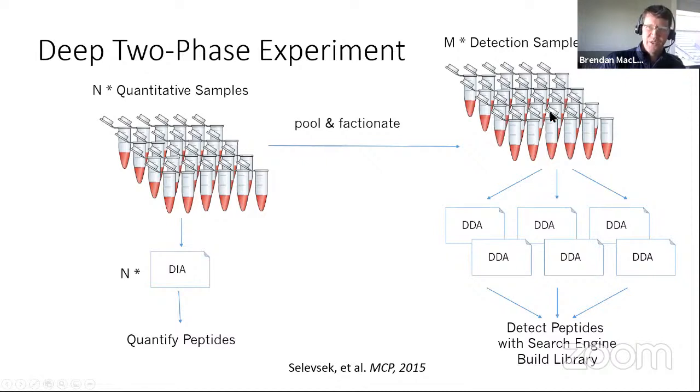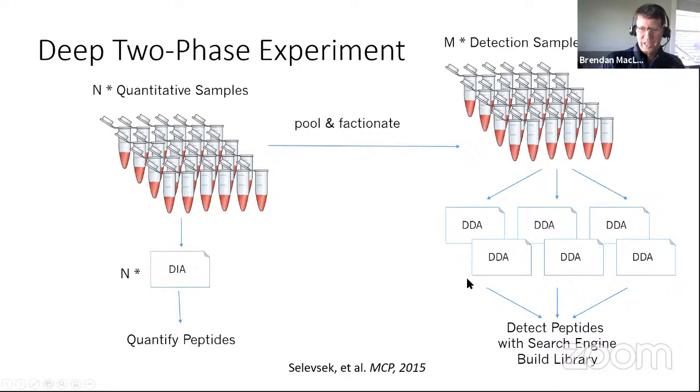The idea was that we may not be able to see something in our pooled sample with DDA, because DDA is a semi-random thing, and so we might be missing low abundance things that we could see with a targeted method, but can't see with just repetitive DDA runs. So they did this deep fractionation to get a broader set of everything we could hope to see with a DIA run in these quantitative samples.